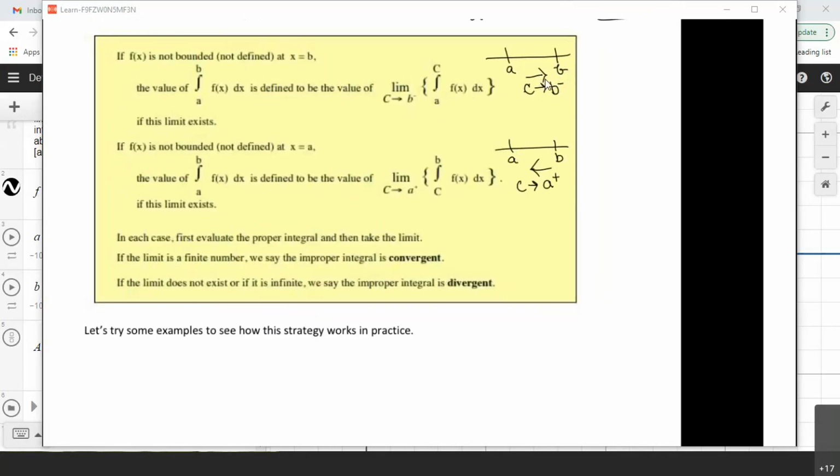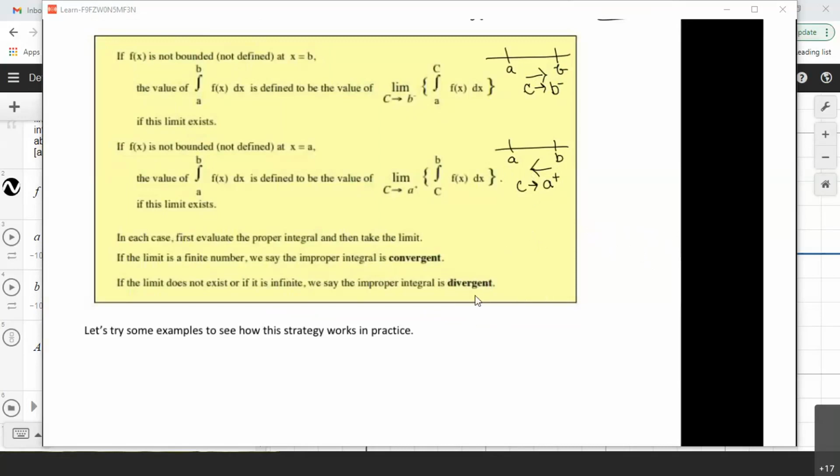Upper endpoints you approach from the left, lower endpoints you approach from the right. Everybody okay with the one-sided limits? We talked about those at the beginning, but it's been a while since we looked at that.